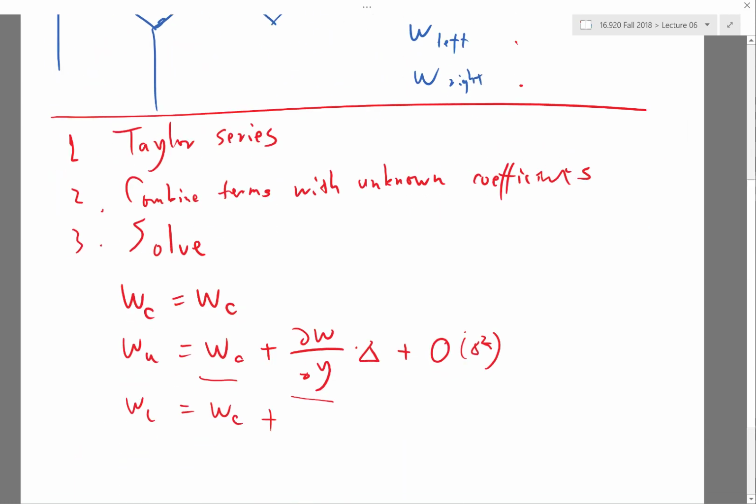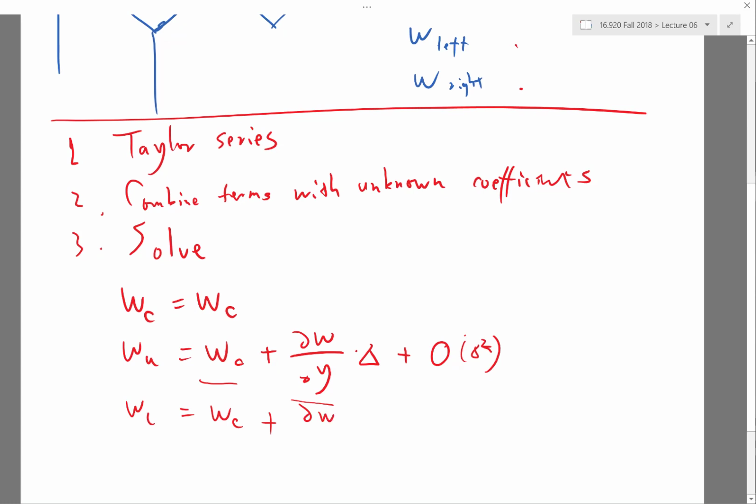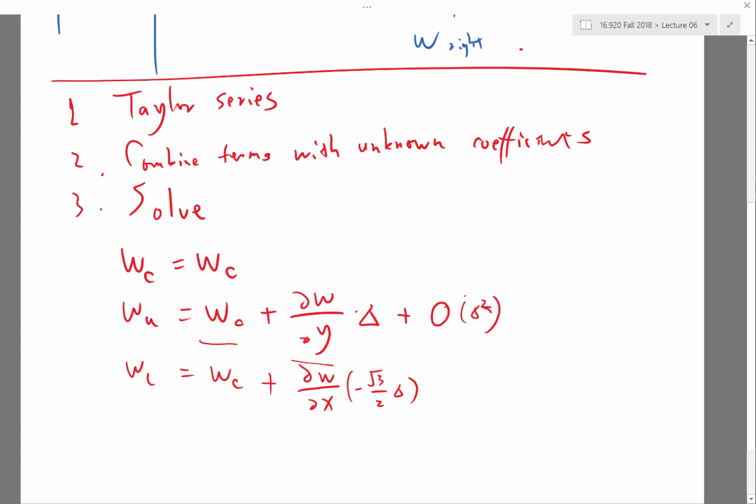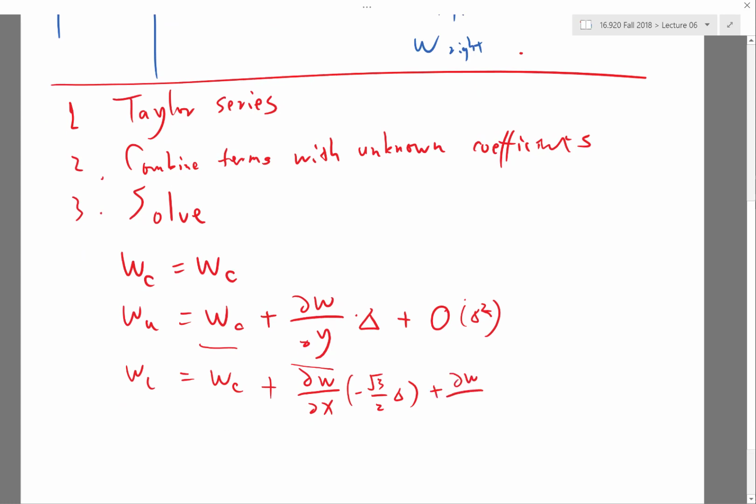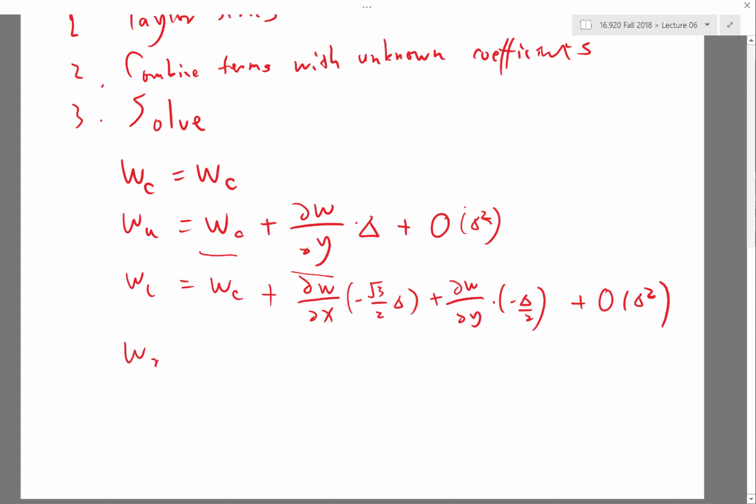So we have two terms: one proportional to partial x, multiplied by minus square root of 3 over 2 times delta, and another in partial y times minus delta over 2, and then the O delta squared term. W right is very similar, but instead of x positioned on the negative side, x is now positioned on the plus side.